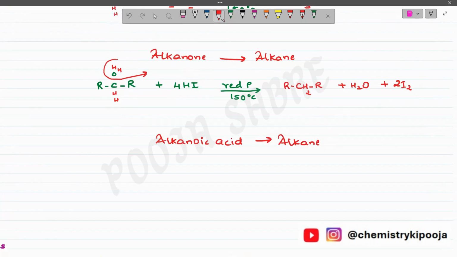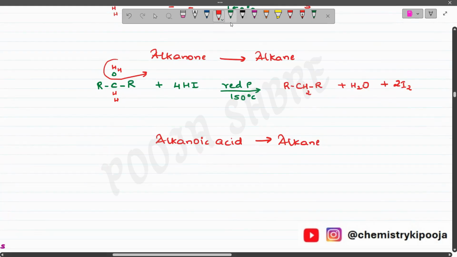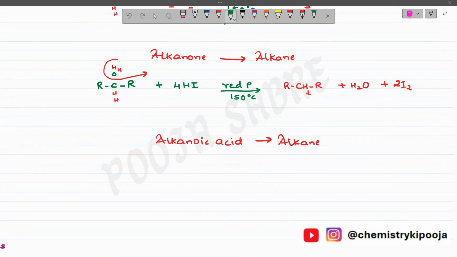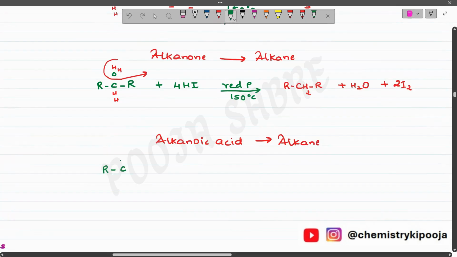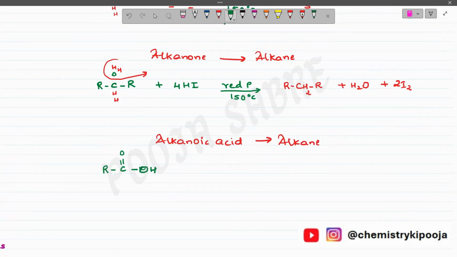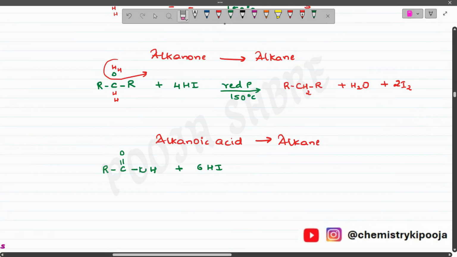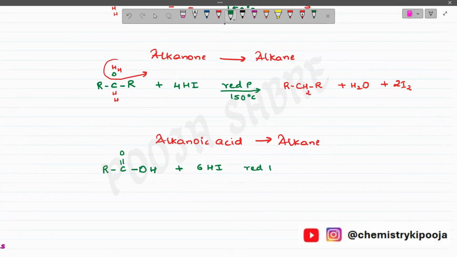I'm going to write down the structure of alkanoic acid first: R, C double bond O and O, H. Plus, we need to add how many HI? 6 HI, then red phosphorus, and then 150 degrees Celsius.